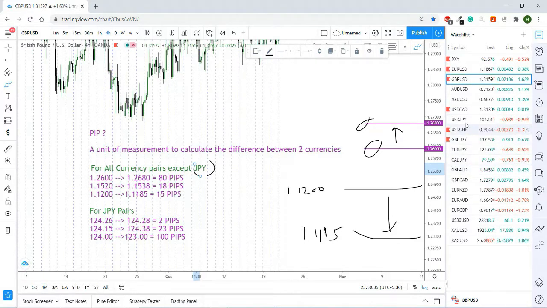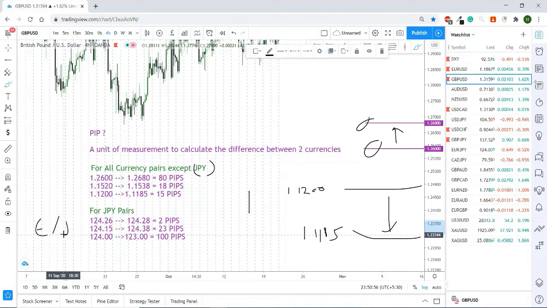For JPY pairs we consider pips with respect to the second decimal place. Let's say the price moves from 124.26 to 124.38, and these are Euro JPY pairs.